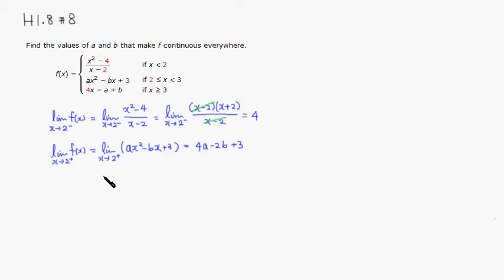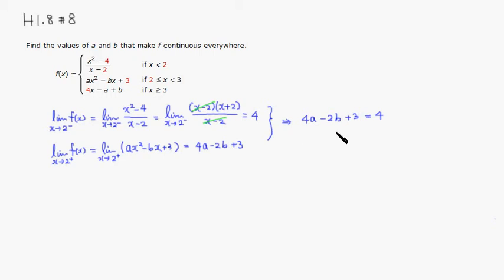This is the right-hand limit at x equals 2, and in order to be continuous, these two limits have to agree with each other. So we have this condition: 4a minus 2b plus 3 must be equal to 4.